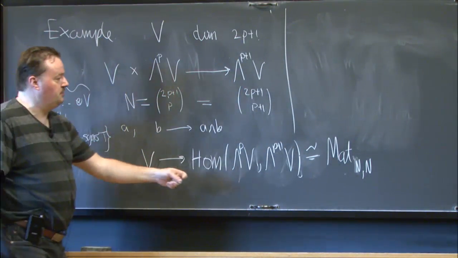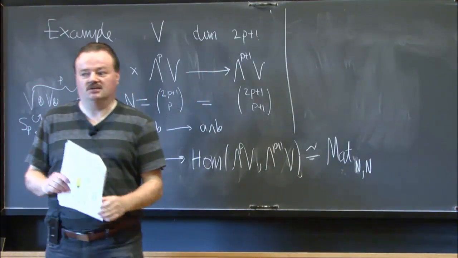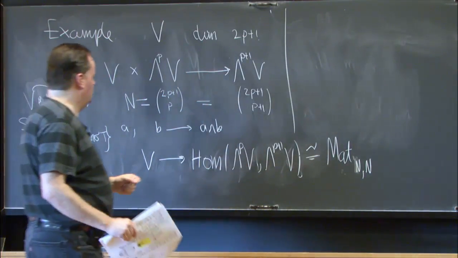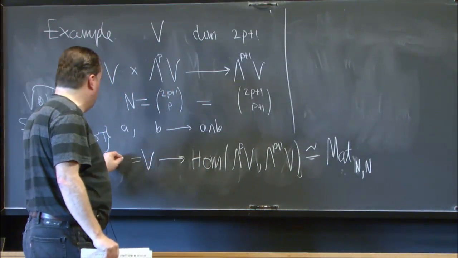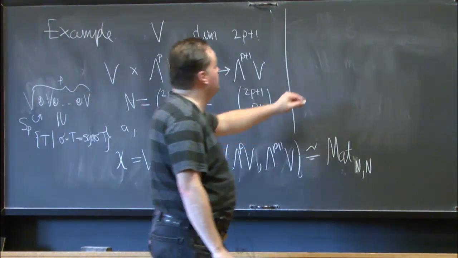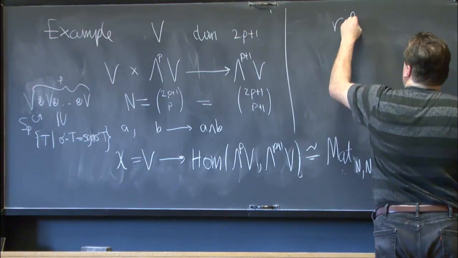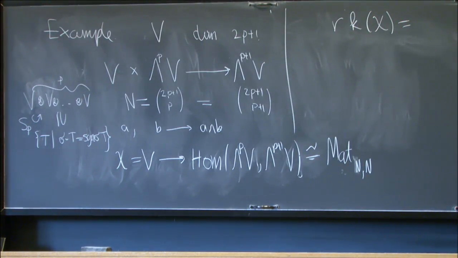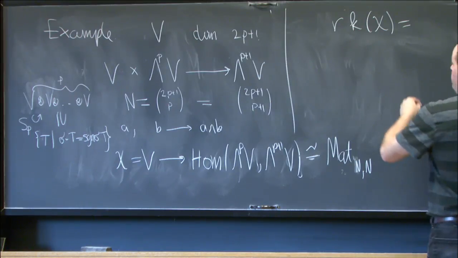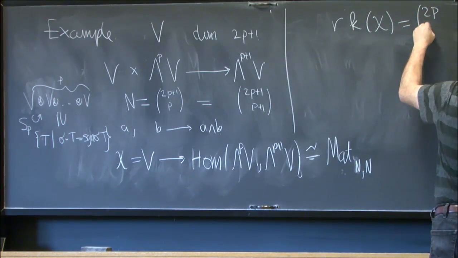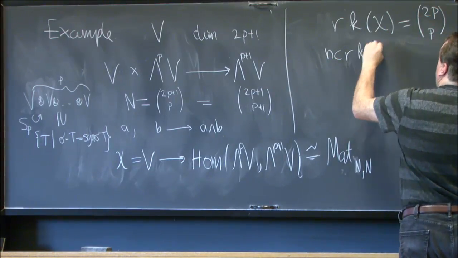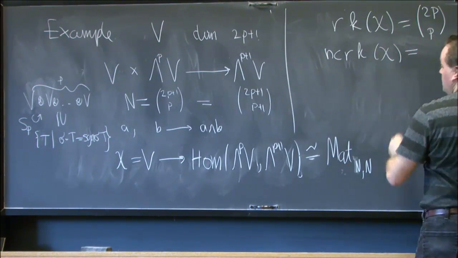Now we have a subspace in here; let's call it X. In this example, the rank of X turns out to be this binomial coefficient, but the non-commutative rank of X is full.